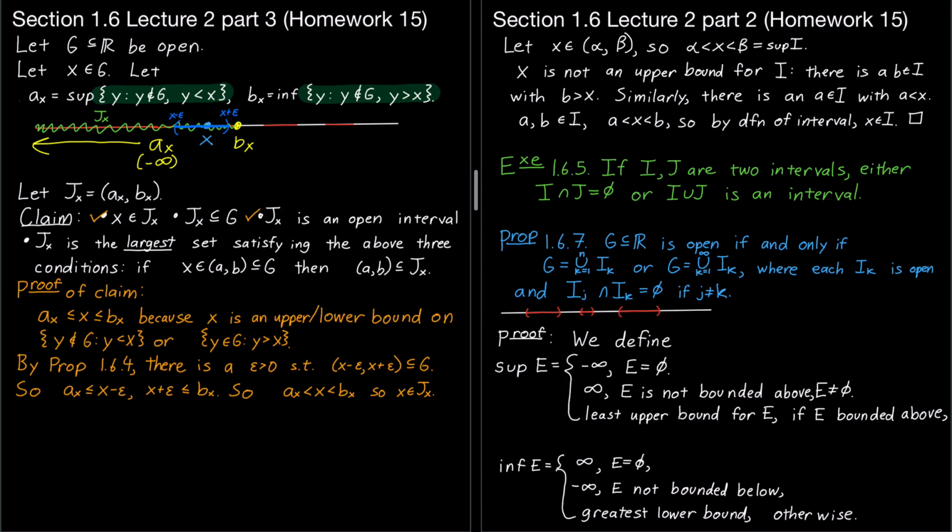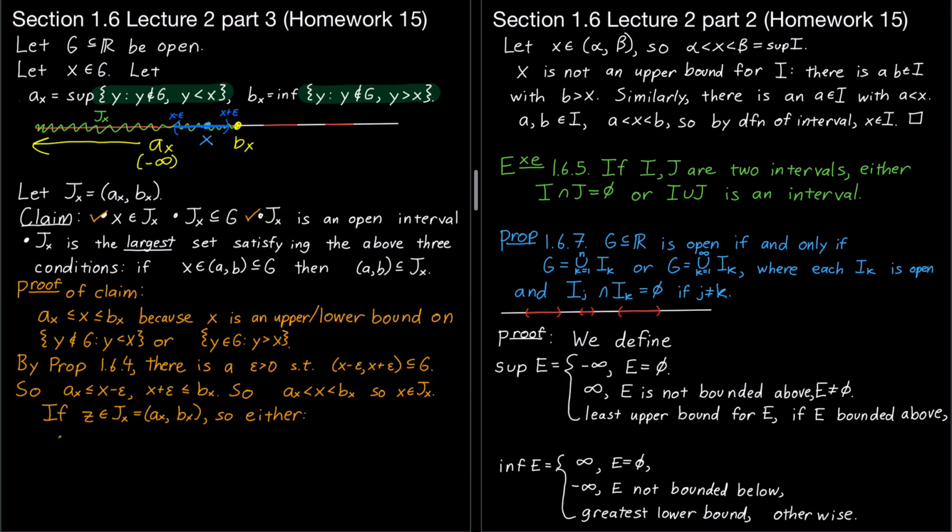So now let's move on to showing that J_x is contained in G. So let's say that z is in J_x. That's (a_x, b_x). So one of the following things is true.